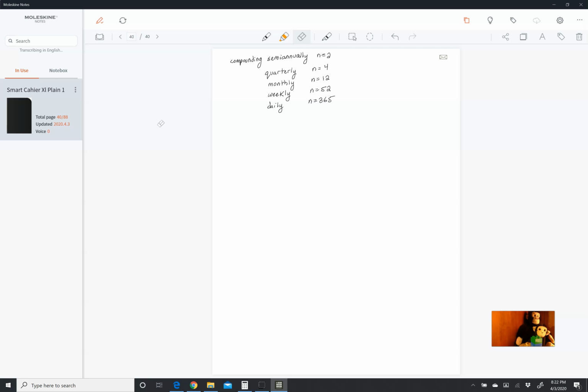So if you compound continuously, you're compounding an infinite number of times per year, which means you need a new formula. You can't use the formula that you had, because you can't plug infinity into that formula.